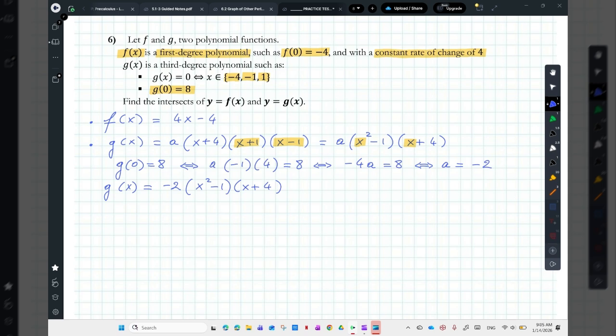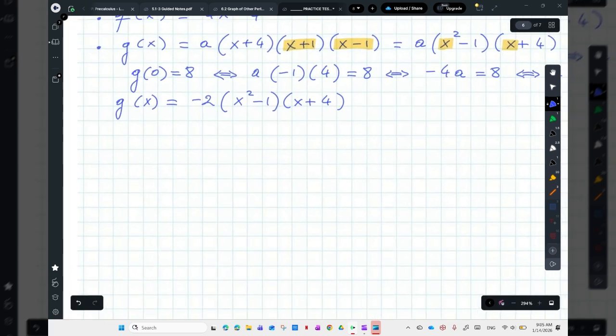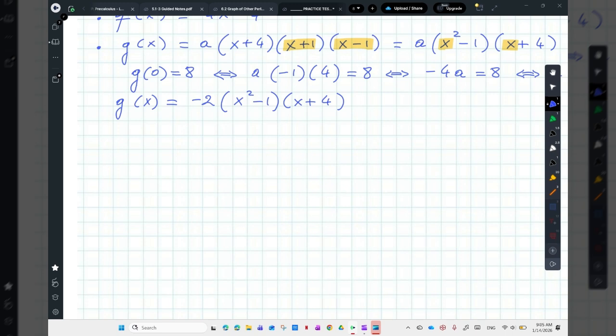Now, for the following of the problem, what I will do is distribute everything. That will make things a little bit easier. So I'm going to first distribute the x squared. I will have x cubed plus 4x squared. Then the negative 1. I will have negative x and minus 4.